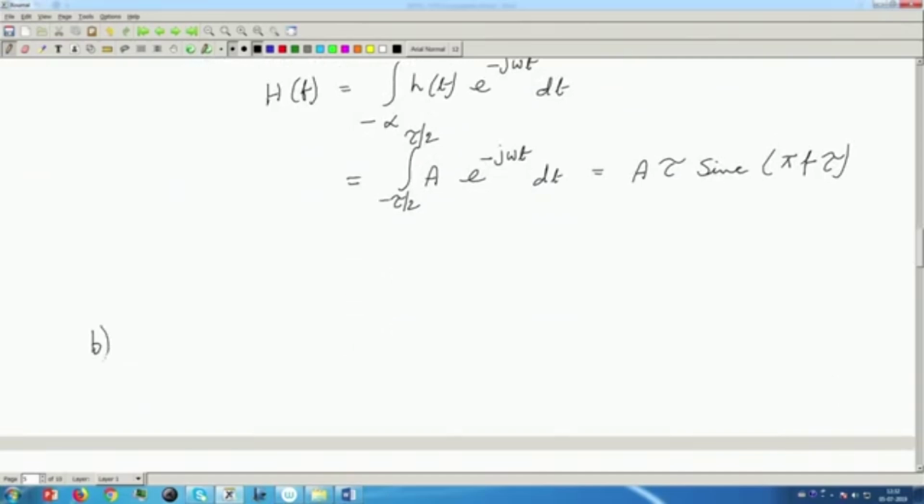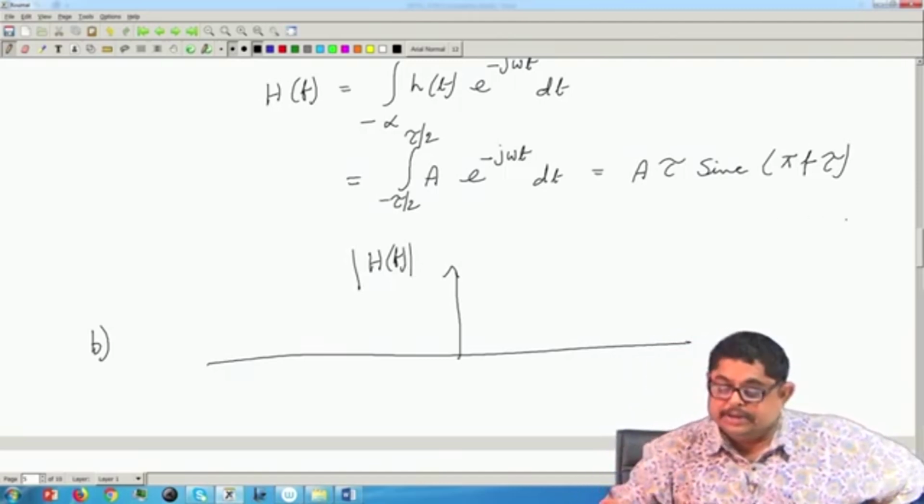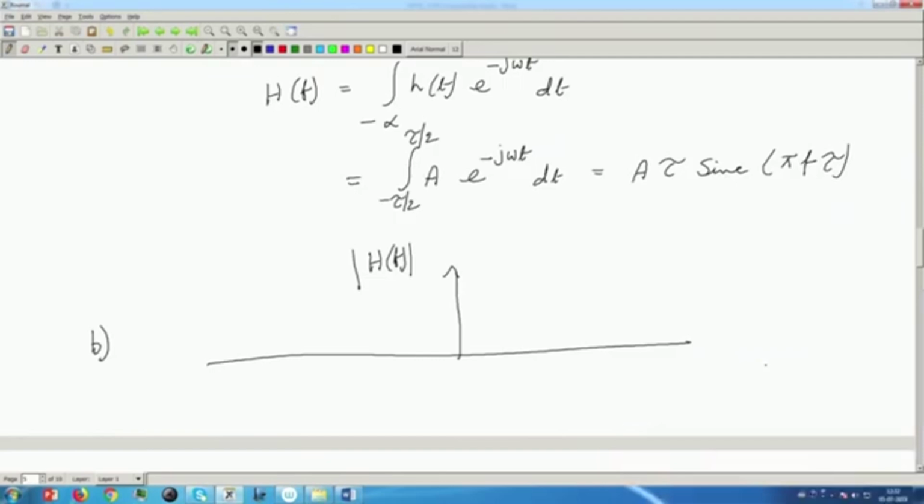So, in part B we are asked to find the magnitude part. I can write magnitude of H(f). In general, this is a complex quantity, but in this case it is not a complex quantity. So, the magnitude will be a sinc function, and since we are taking the magnitude, there will not be negative portions like that.